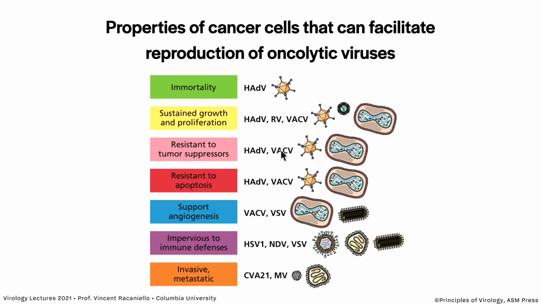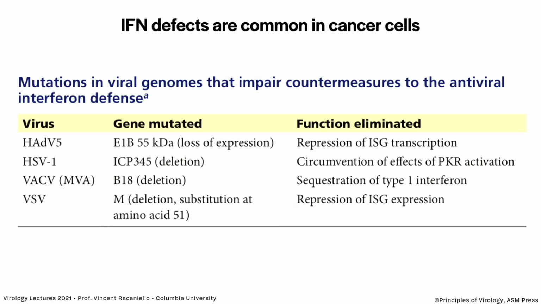And these are selected so that they reproduce more efficiently in cancer cells with particular hallmarks than in normal cells. Right? This is what guides us to figuring out what kind of virus to give a certain patient. So, if the cancer hallmark includes angiogenesis, we can use certain kinds of viruses because they happen to be particularly well adapted to those kinds of cancers. All right, those are cancer hallmarks.